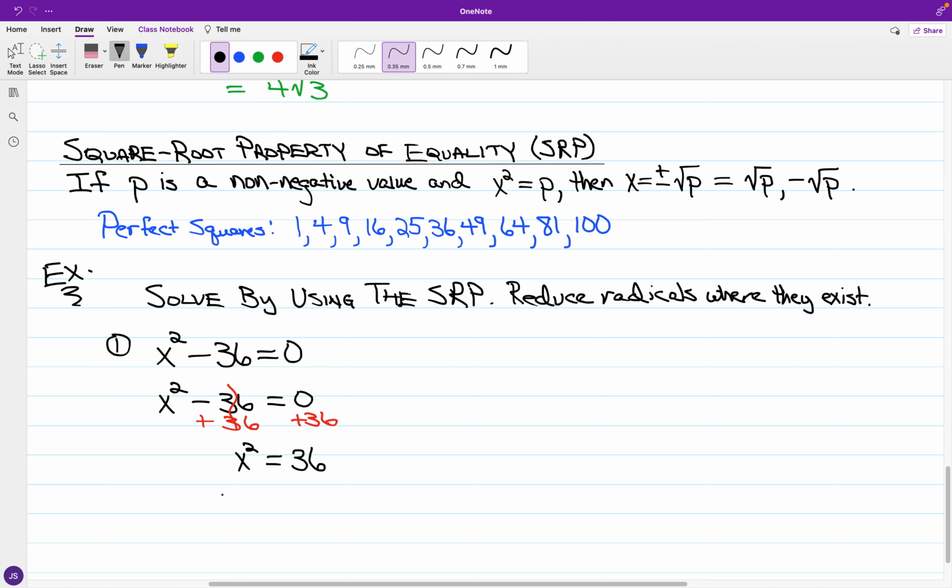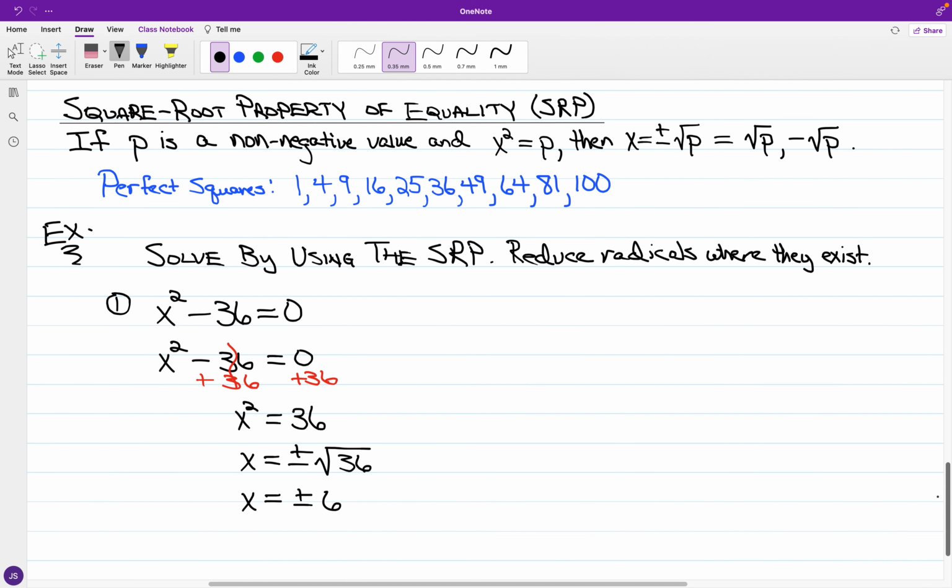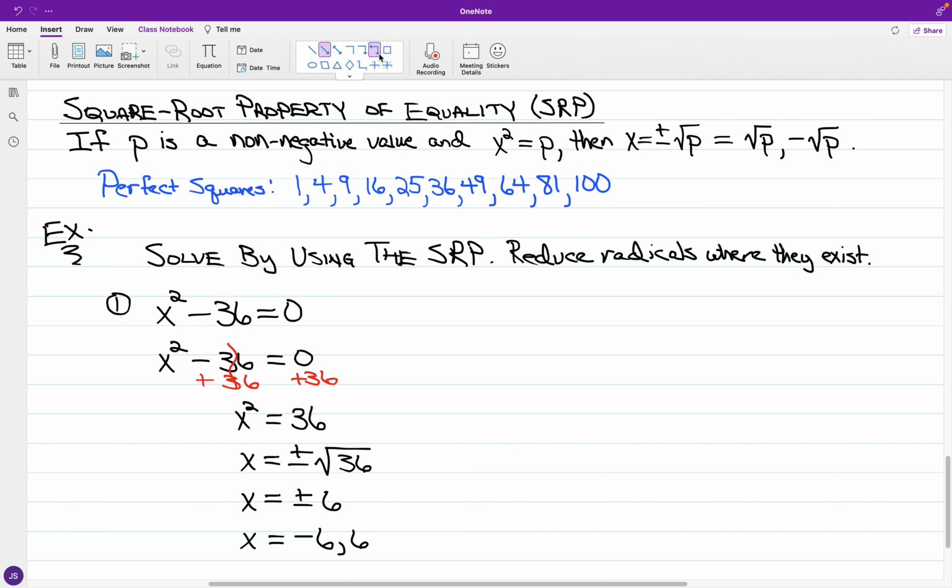And if I go from x squared to x, what's going to happen with 36 will be taking plus or minus the square root of 36. And 36 is among our perfect squares. We have plus or minus, and the square root of 36 is 6. So for this route, we have our two solutions for x: negative 6 at the lower end and positive 6 at the upper.